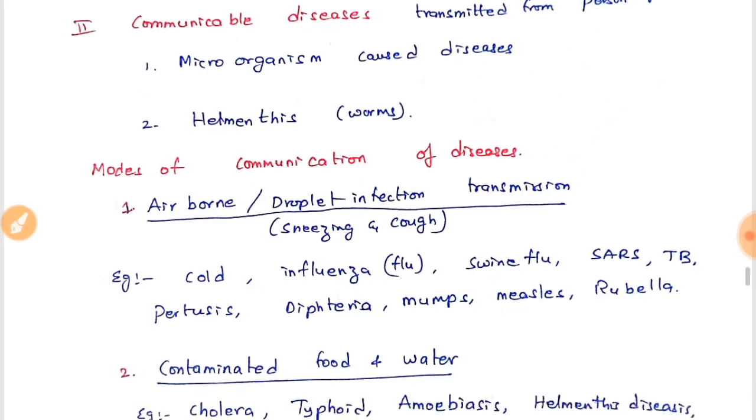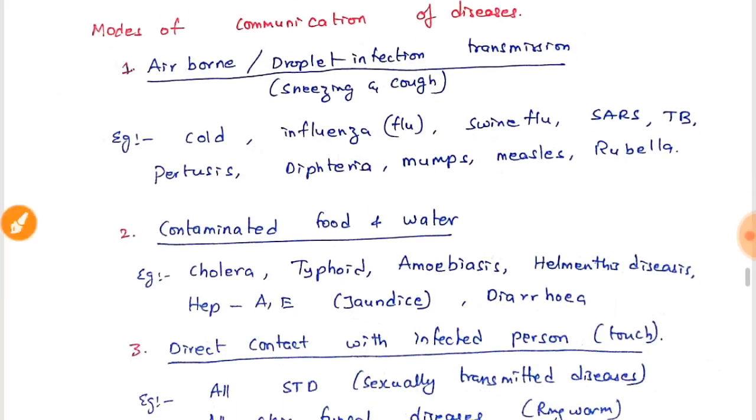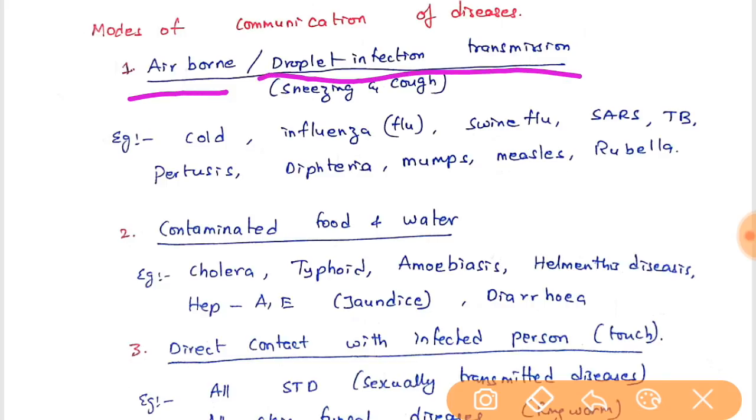So if we see here, there are many modes of communication, and the first one is airborne or droplet infection transmission, friends. Droplet infection in the sense, if someone sneezes or coughs, they should close their mouth and nose with a handkerchief, friends.